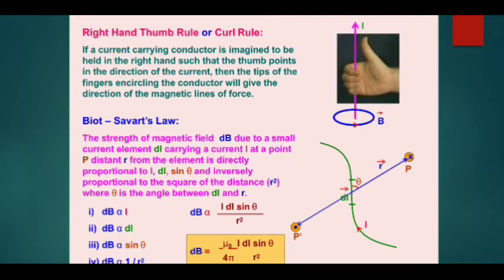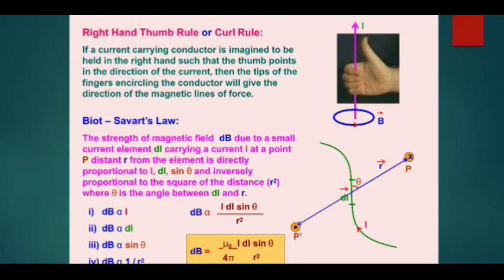If a current carrying conductor is imagined to be held in the right hand such that the thumb points in the direction of current, then the tips of the fingers encircling the conductor will give the direction of magnetic lines of force. Okay, this is the right hand thumb rule.